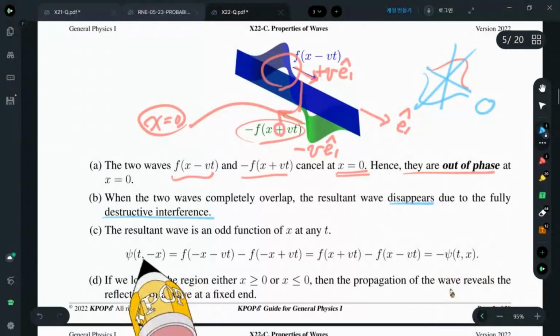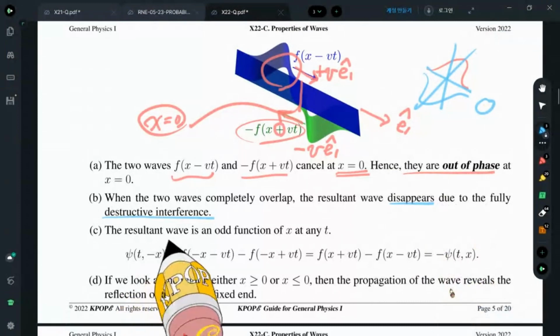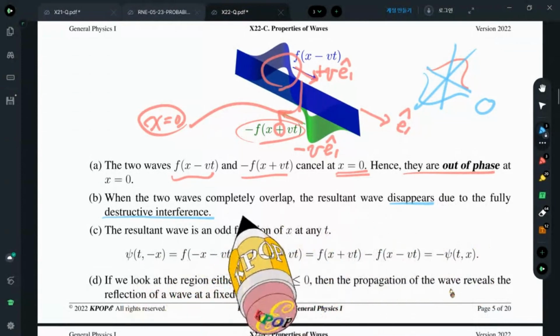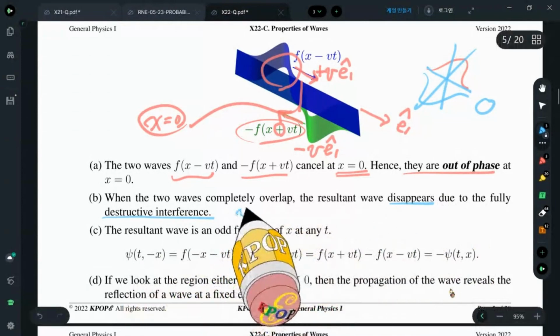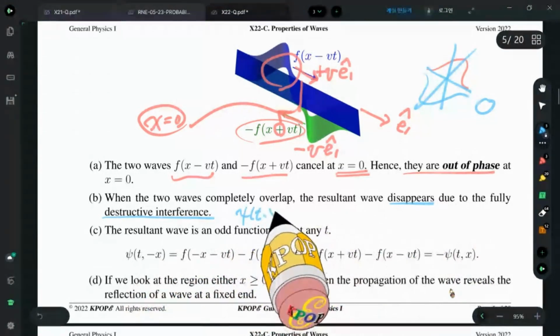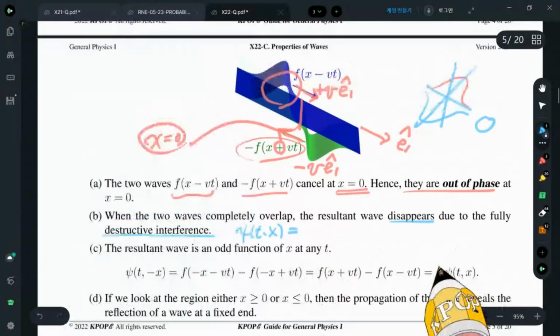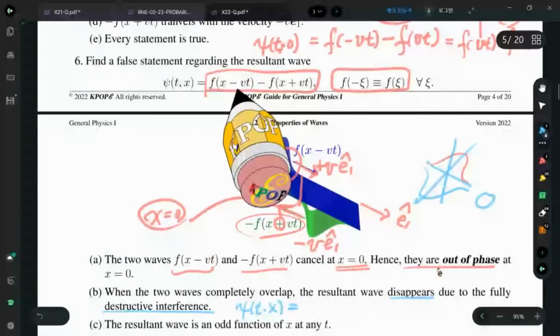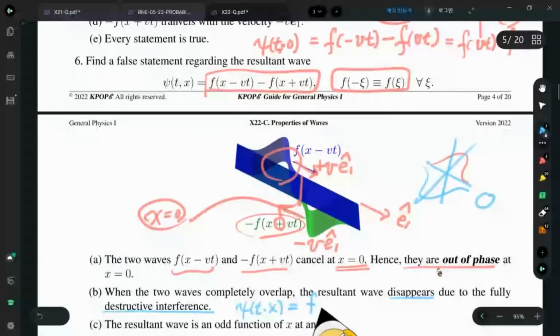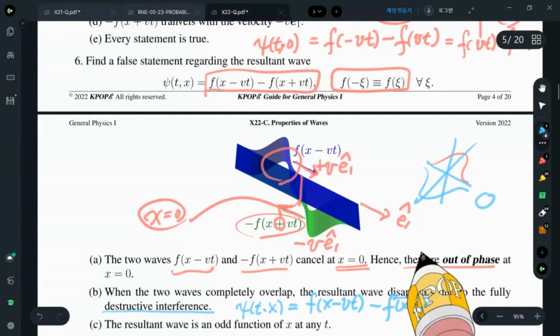Let's see. So psi(x,t) equals f(x minus vt) minus f(x plus vt).